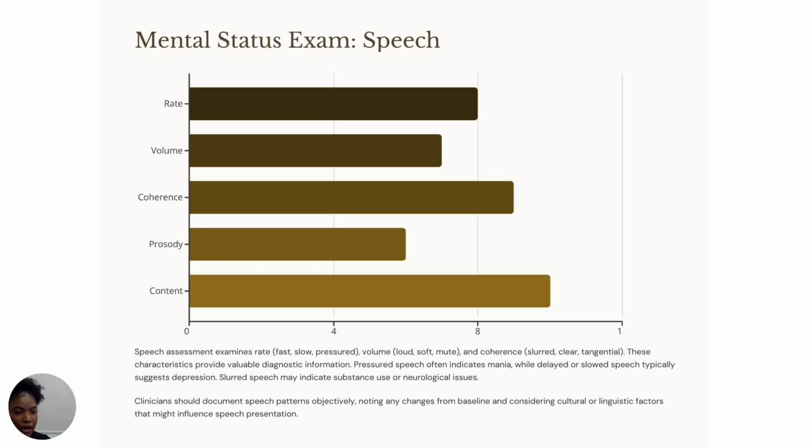Is it slurred? Is it tangential, like going off topic? Those characteristics provide valuable diagnostic information. If a client's speech is pressured, that often indicates mania, while delayed or slow speech typically means depression. Slurred speech may indicate substance use, being under the influence, or some neurological issue.